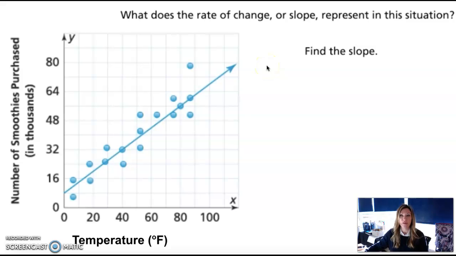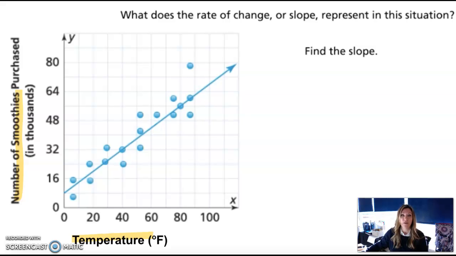One last example. What does the rate of change, or the slope, represent in the situation? And find the slope. So we know that the slope is the rate of change. What's changing in this graph? Well, we have to look at the labels. In this case, we're looking at the number of smoothies purchased and the temperature.